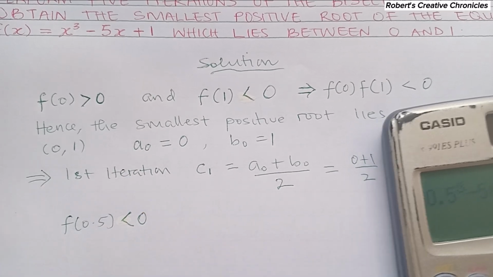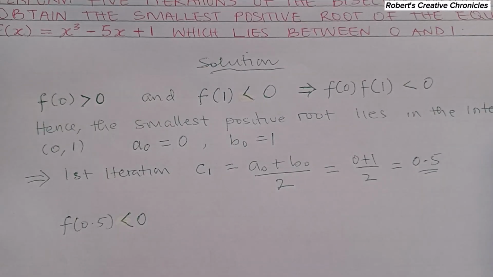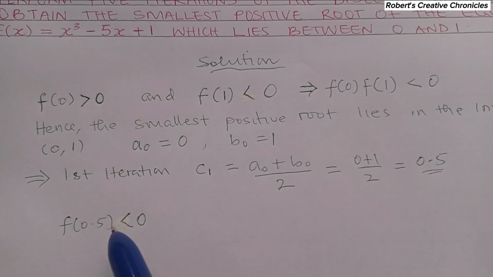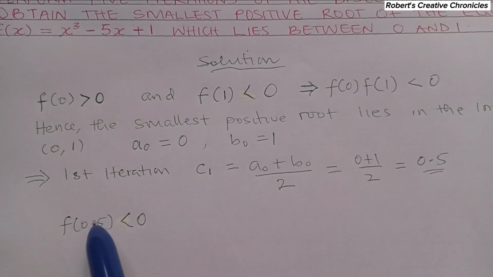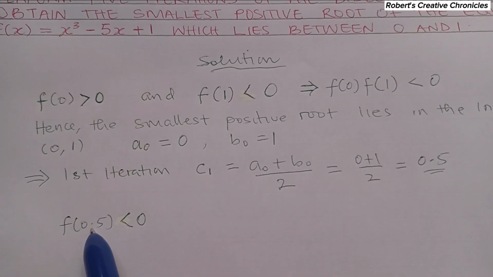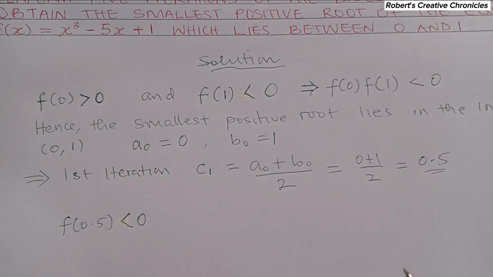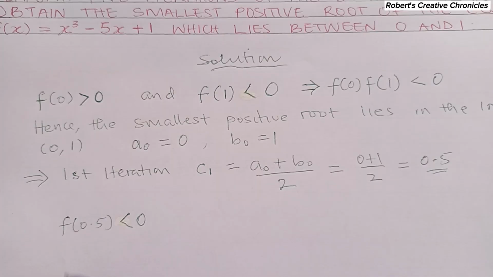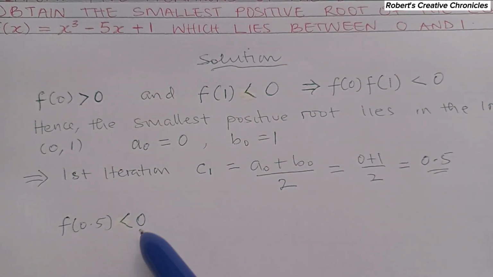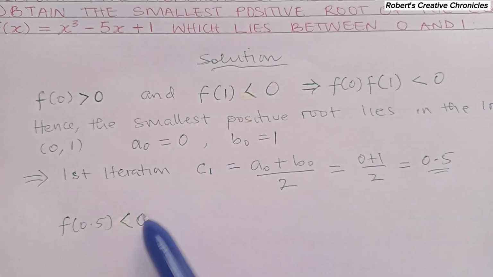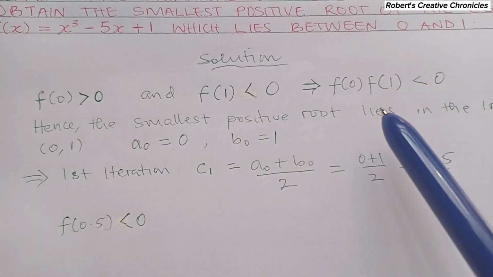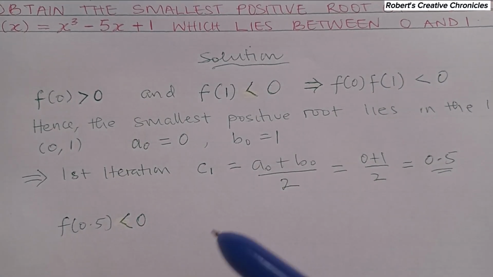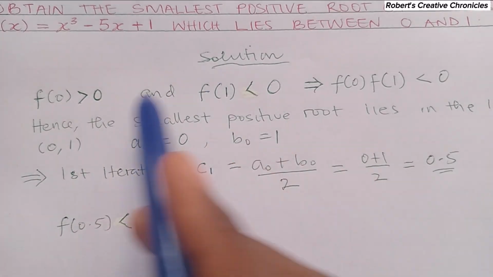Since this is a negative value, we have to find one from these two that is positive, so that when I multiply them the product is less than 0. Because if it's not less than 0, we cannot find the root. So which one will we select between these two?